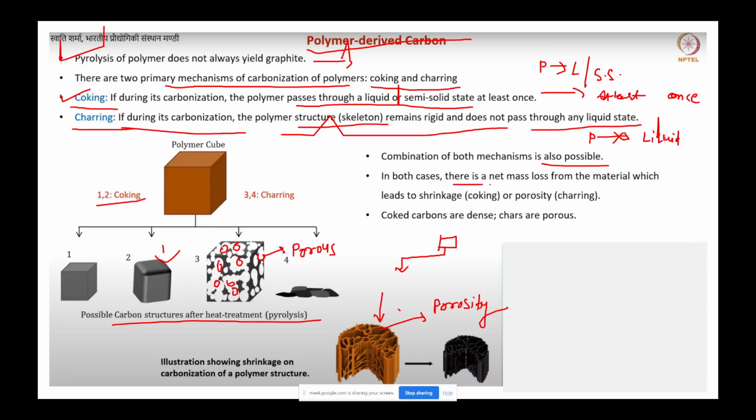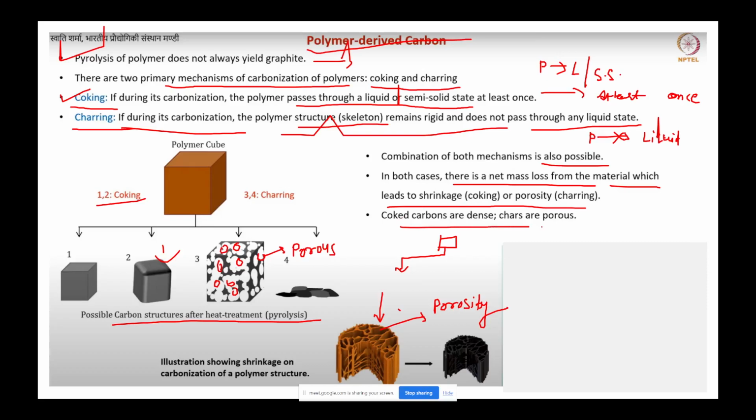In both cases there is a net mass loss from the material, which leads to shrinkage in coking, or porosity in charring. Because there is a reduction in mass, some porosity is formed in the case of charring, or there is shrinkage in the case of coking.